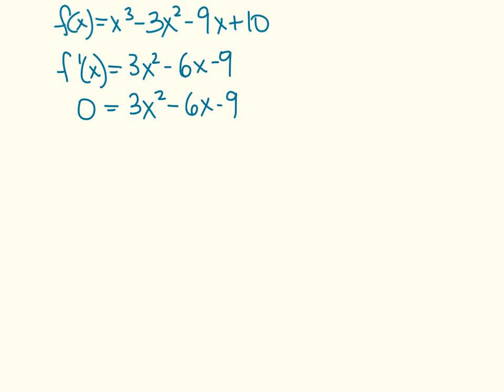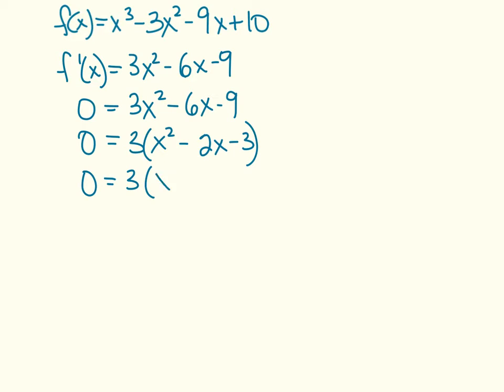Let's factor out the 3, because you can see that right away. Now it's much easier to factor. We need two numbers that multiply to -3 and add up to -2, and those numbers give us x minus 3 and x plus 1.